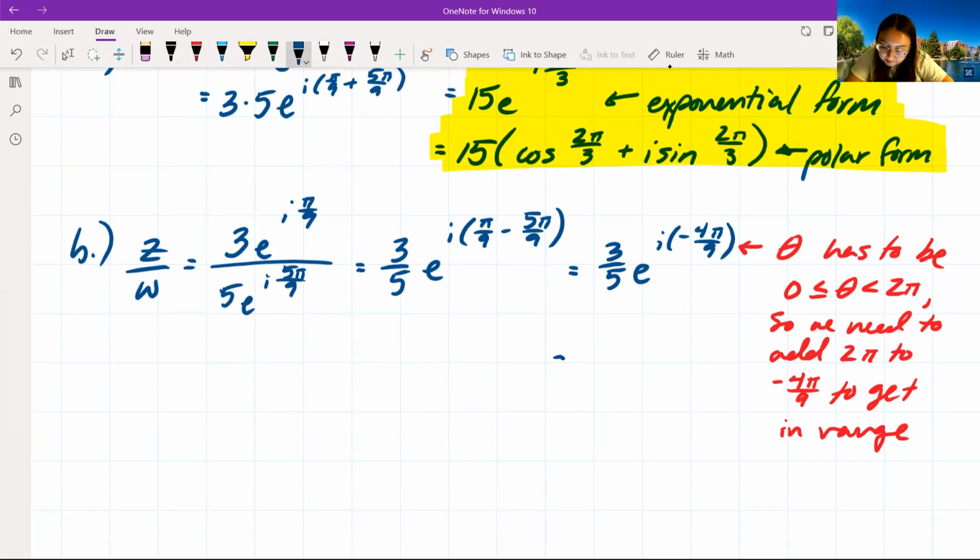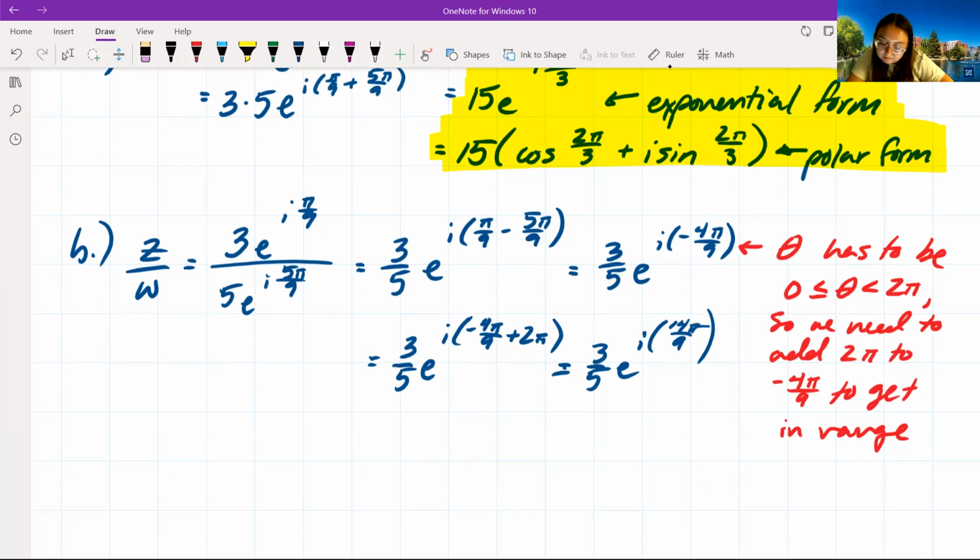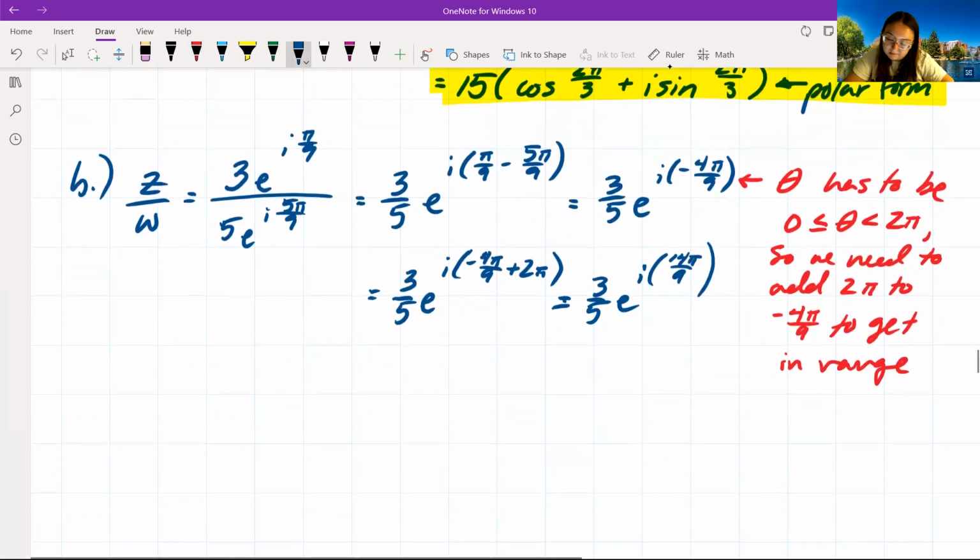So this is really going to be equal to 3 over 5 times e to the power of i times negative 4 pi over 9 plus 2 pi, which then gives us our value of 3 over 5 times e to the power of i times 14 pi over 9. And remember, this is our exponential form. So let's pull this down just a tad.